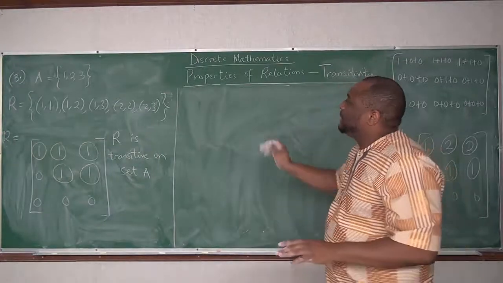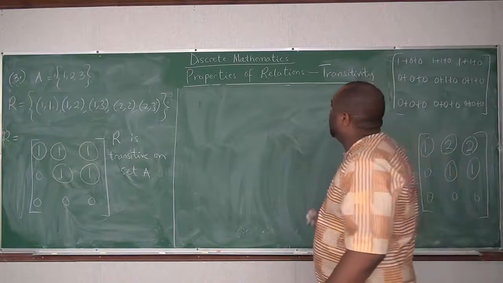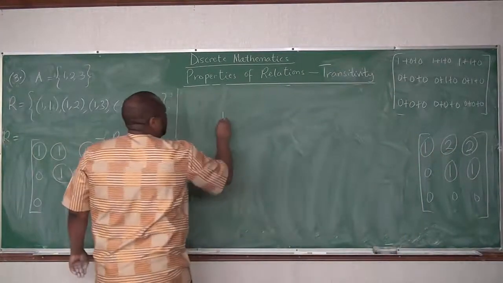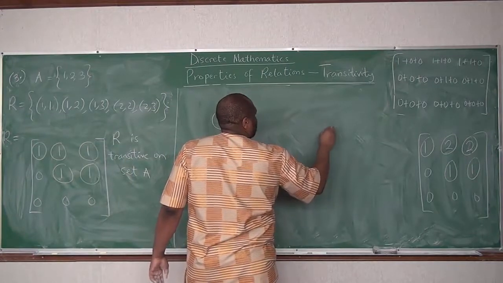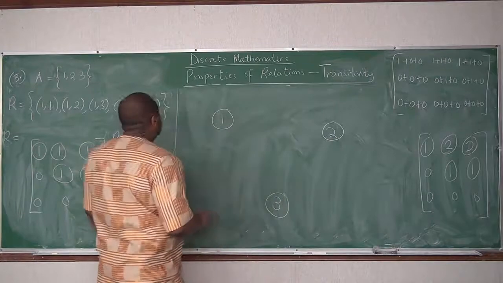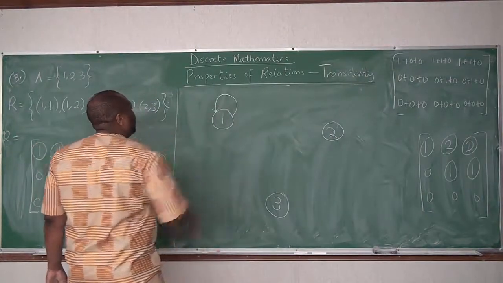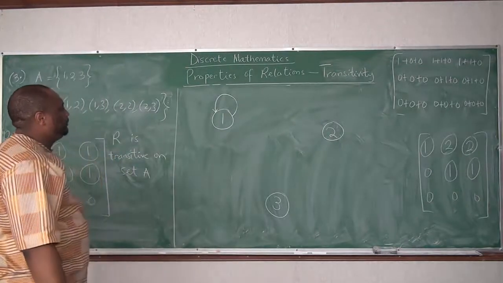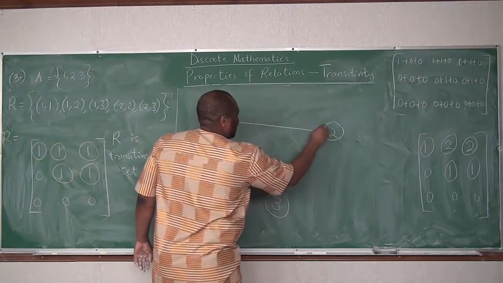So let's first do the digraph of this and see how it works. So we have 1, let me put 2 here, and let me put 3 here. We have 1, which is a loop. We have 1 to 2, this is for the digraphs.